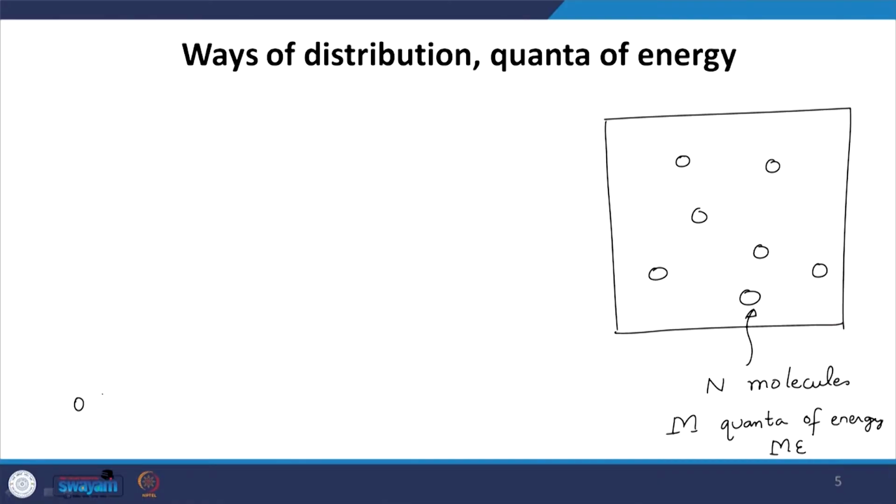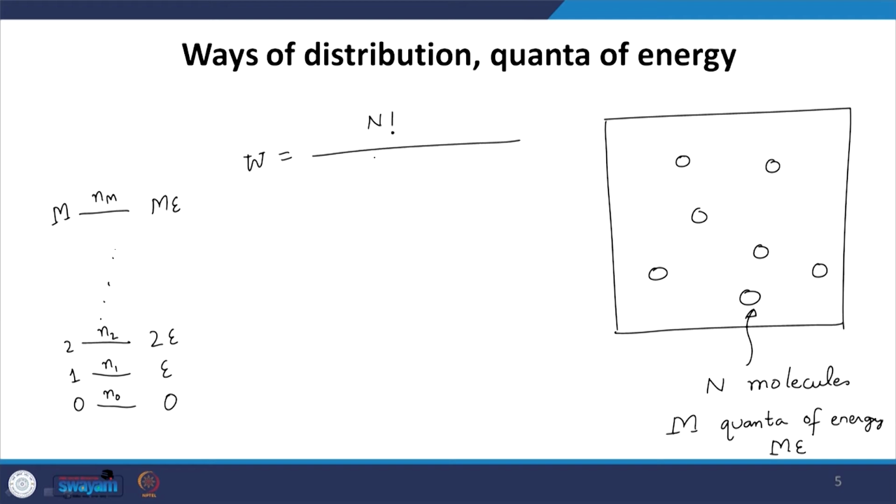So, now I can talk about number of molecules having 0, 1, 2 and m quanta of energy, or in the units of energy it can have 0, epsilon, 2 epsilon and m epsilon, and the number of molecules which have these levels are again maybe n naught having 0, n 1 having 1, n 2 having 2 and n m having m, and the number of ways is again going to be same as the case of chocolates.